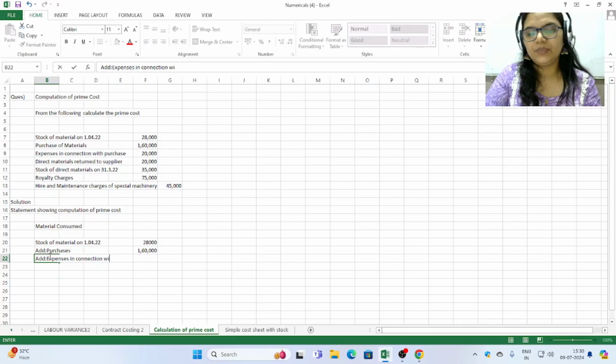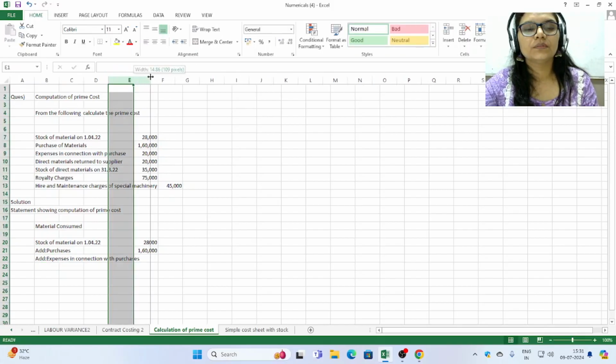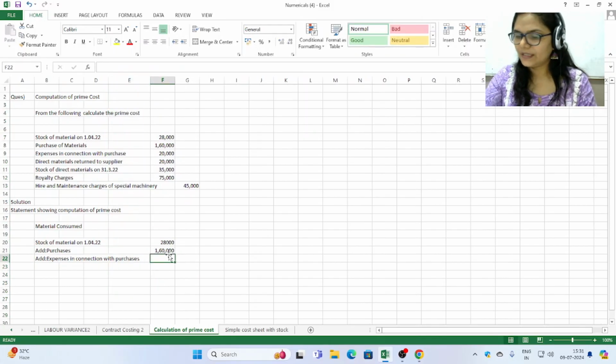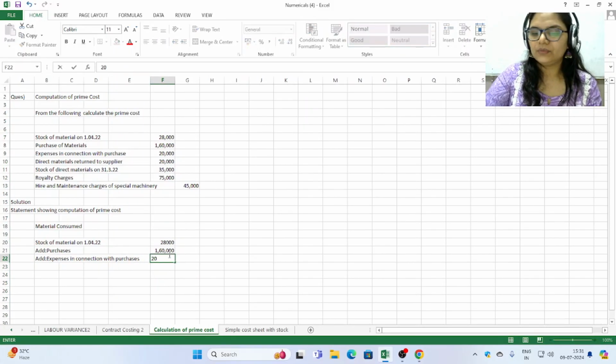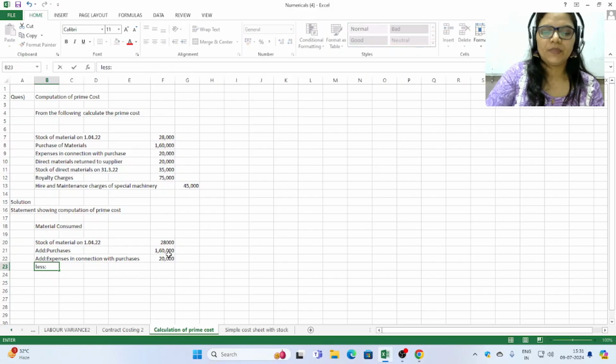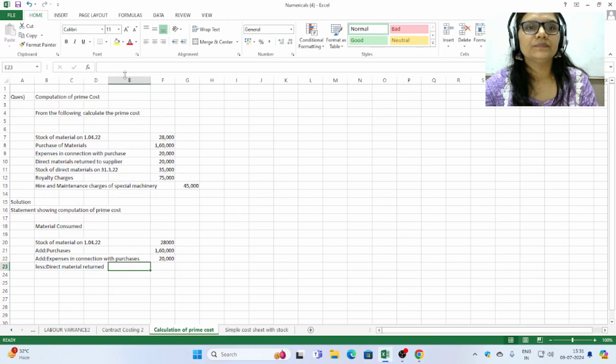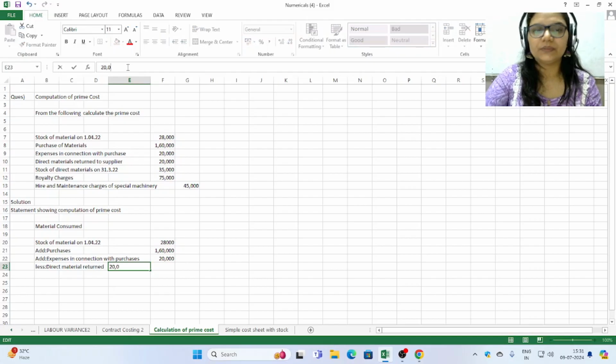So, we will add expenses in connection with purchases, 20,000. Next is less direct material return. Direct material return, we have 20,000.